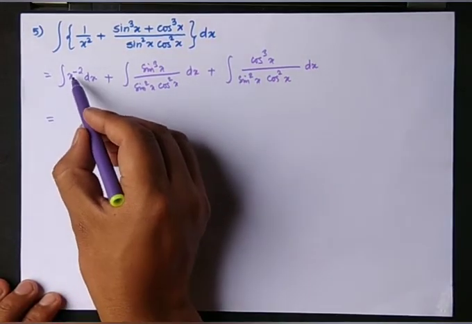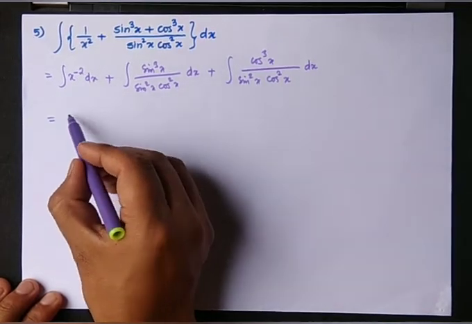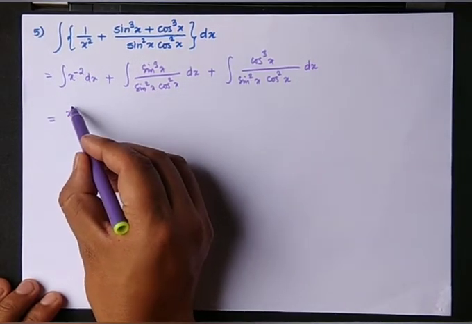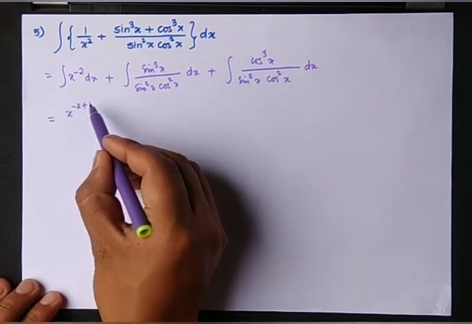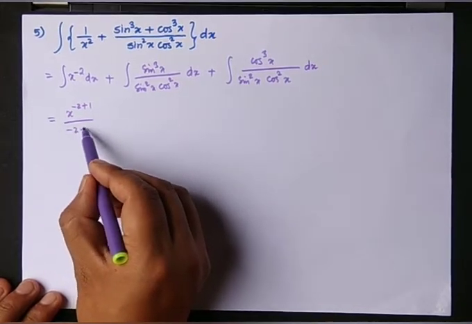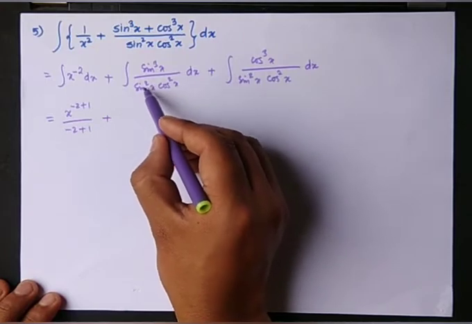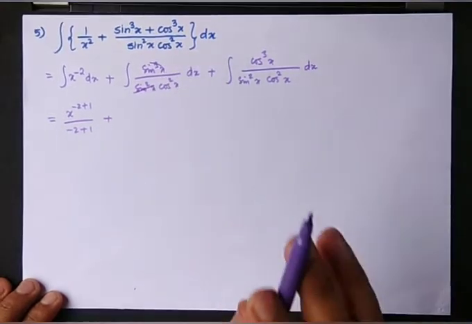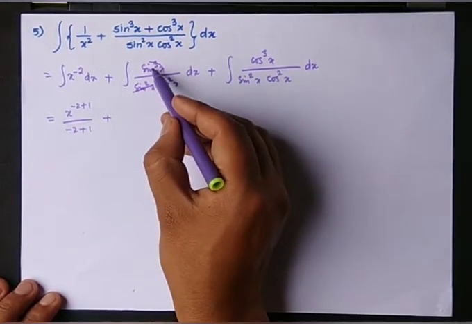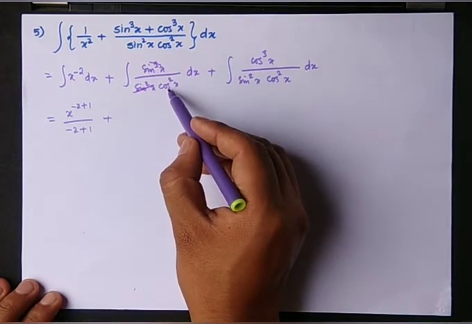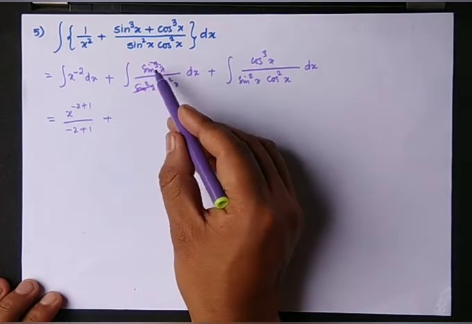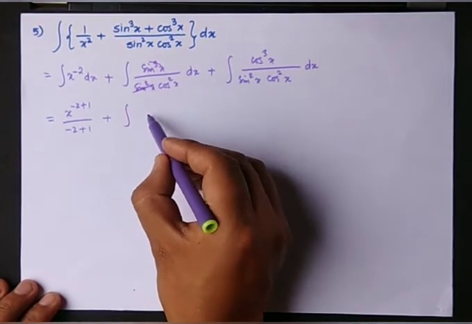So here this can be written as x to the power n. The integral of x to the power n is x to the power n plus 1 by n plus 1, plus here some things are getting cancelled, that is sin square x and this one, right? So we have sin x, and here we'll take one cos x. Sin x by cos x becomes tan x, right?